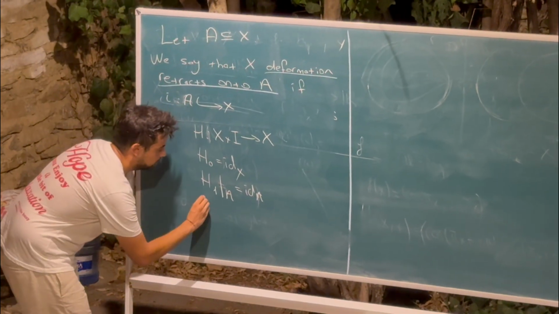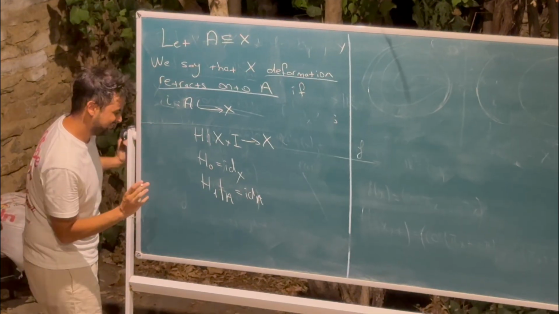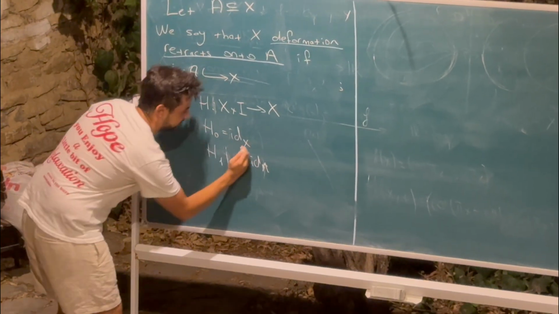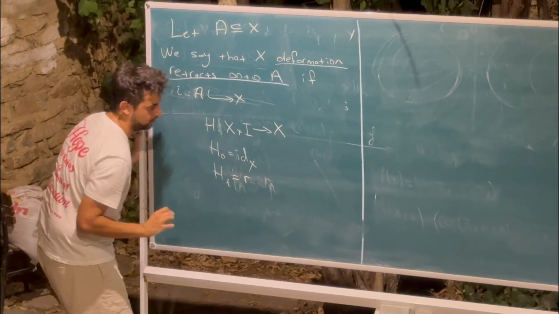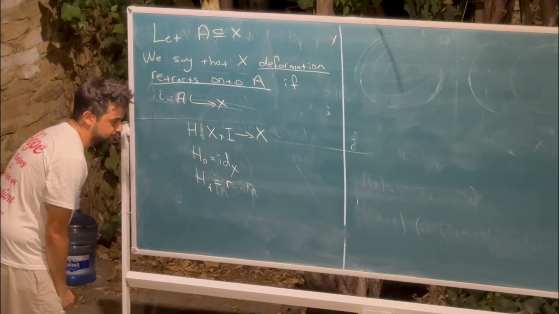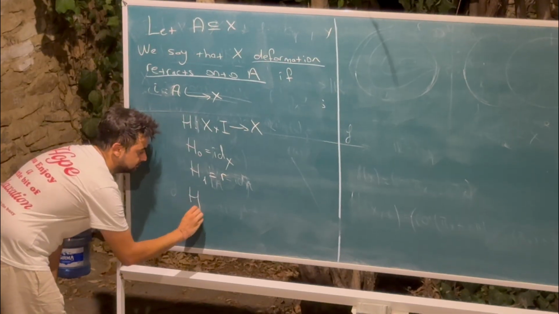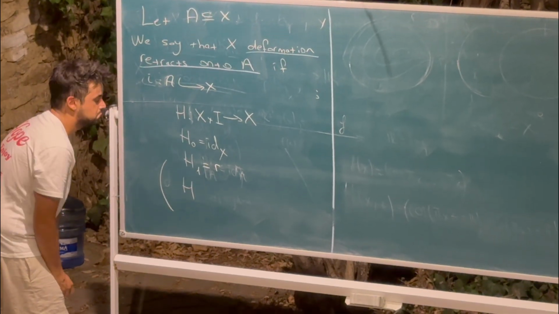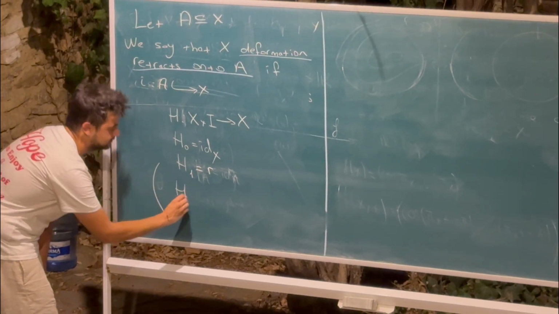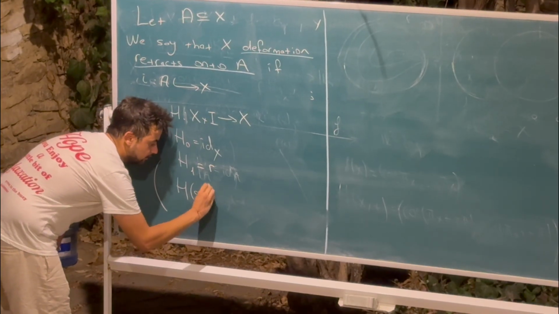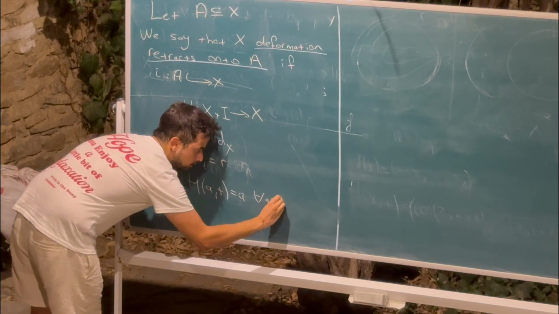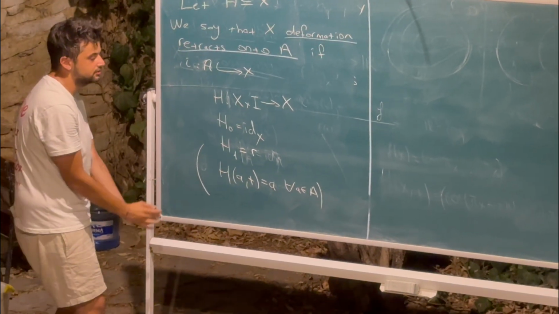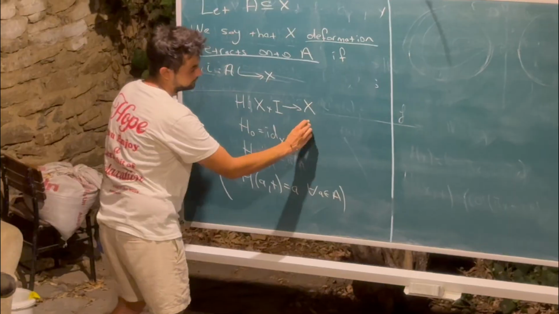Okay, I'm going to say it the other way. The last one, let's call it R, and R is going to have a special property. Some sources include this, but I'm going to write it: the homotopy is constant on A, it's not moving.